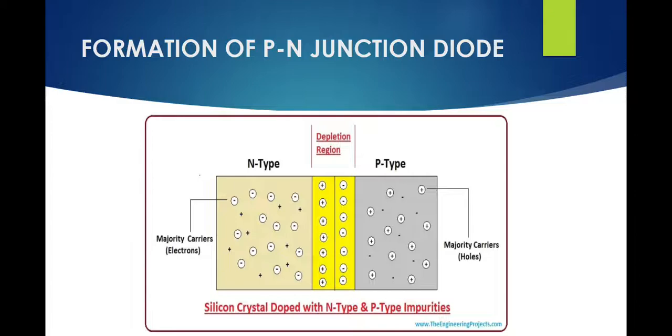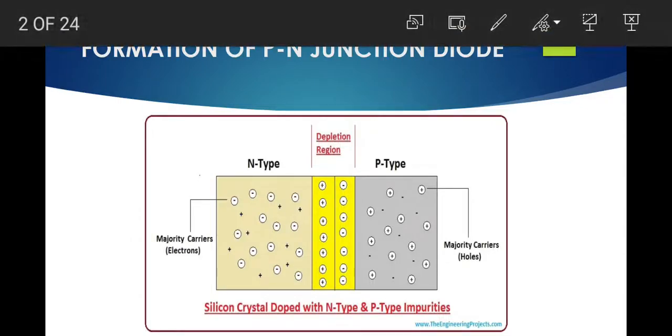Now some electrons from the n-type material will go to the p-type, and because of that there will be some empty space in the n-type material which will be filled by positive charge, and because of that a depletion region is formed. This depletion region is the main effect for the formation of a PN junction diode.